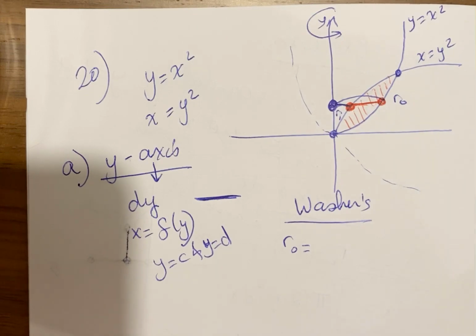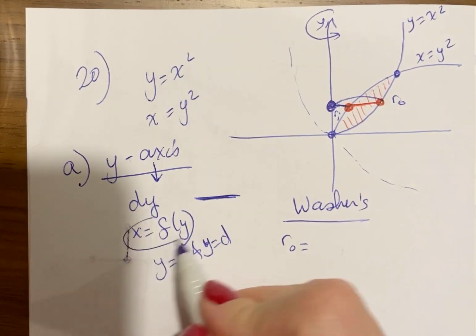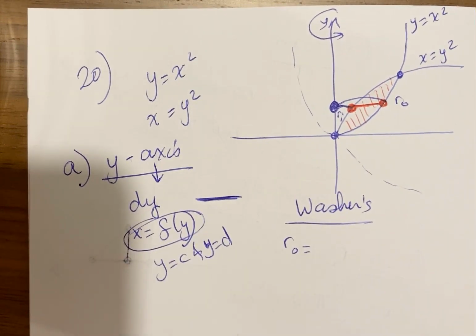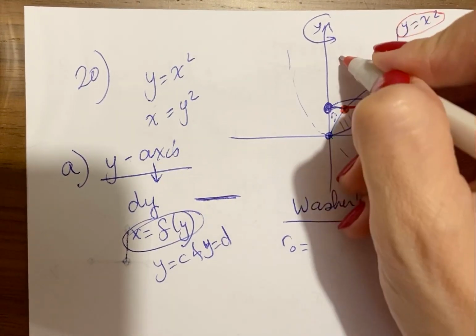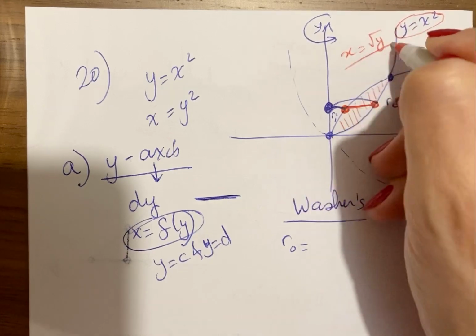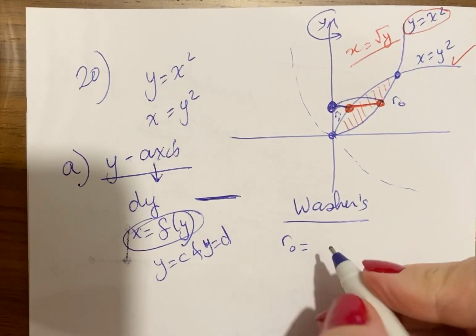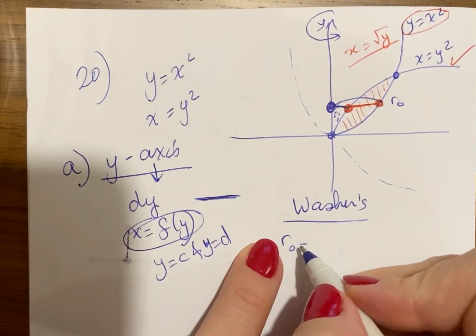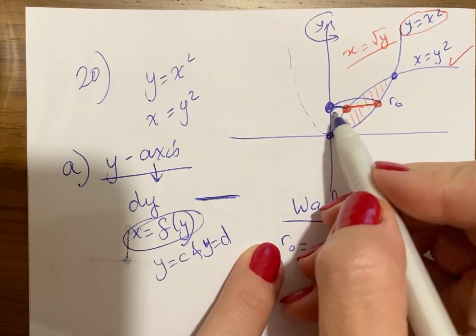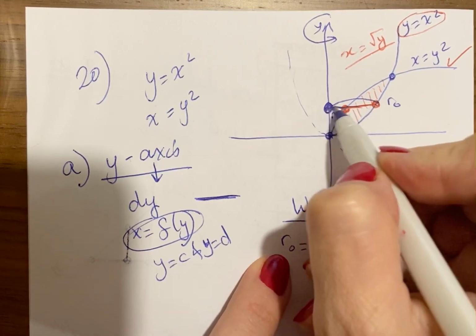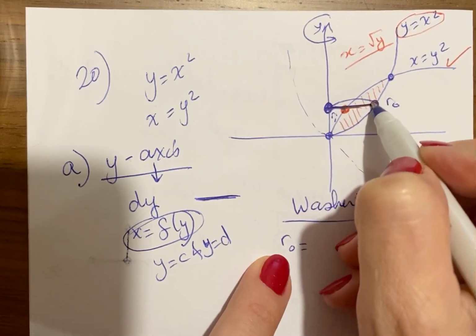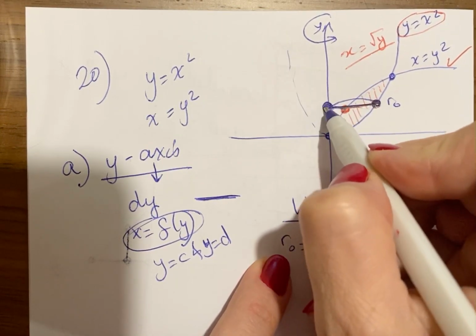First, I need to change my functions into proper functions. How should my functions look like? X equals f(y) is okay, this is not okay. Y equals x squared, what does that mean? X equals root y. Now this becomes okay. You do not do the outer radius minus inner radius. You have to get the outer radius, all of this first, which is the x value here minus the x value here.